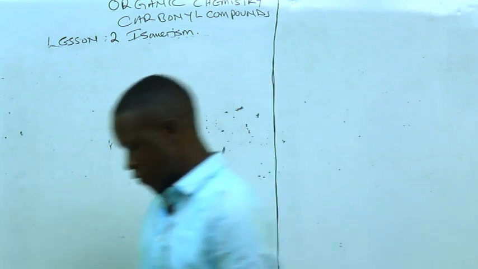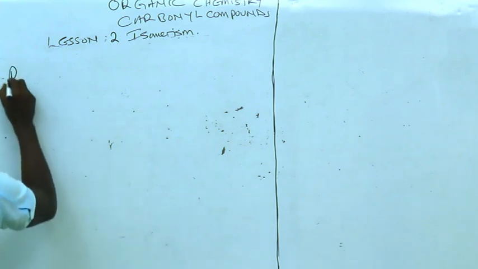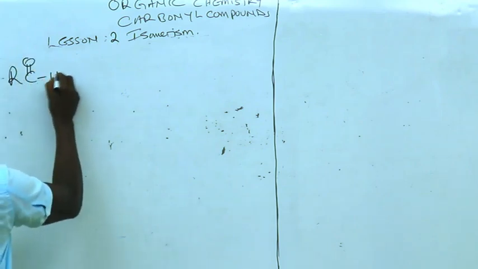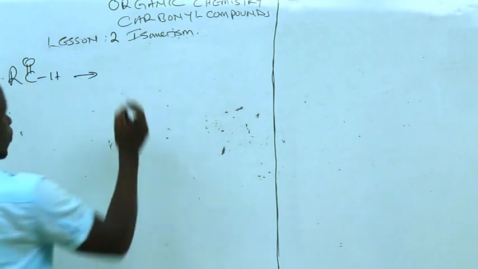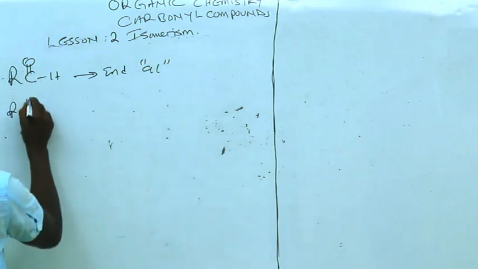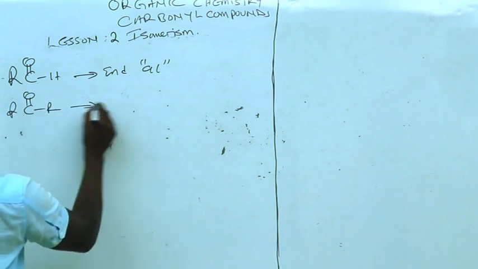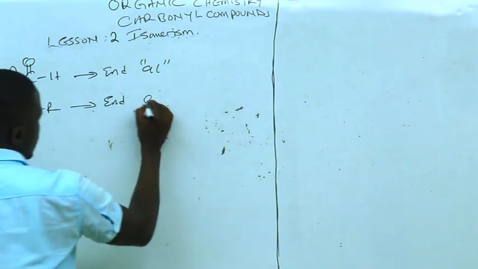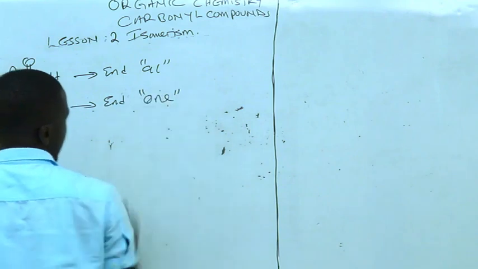We saw that if you had an aldehyde, the names end with letters A, L, whereas for the ketones, the names end with letters O-N-E. And then we saw that if the number of carbon atoms is more than 4, then we tend to locate the position of the functional group.